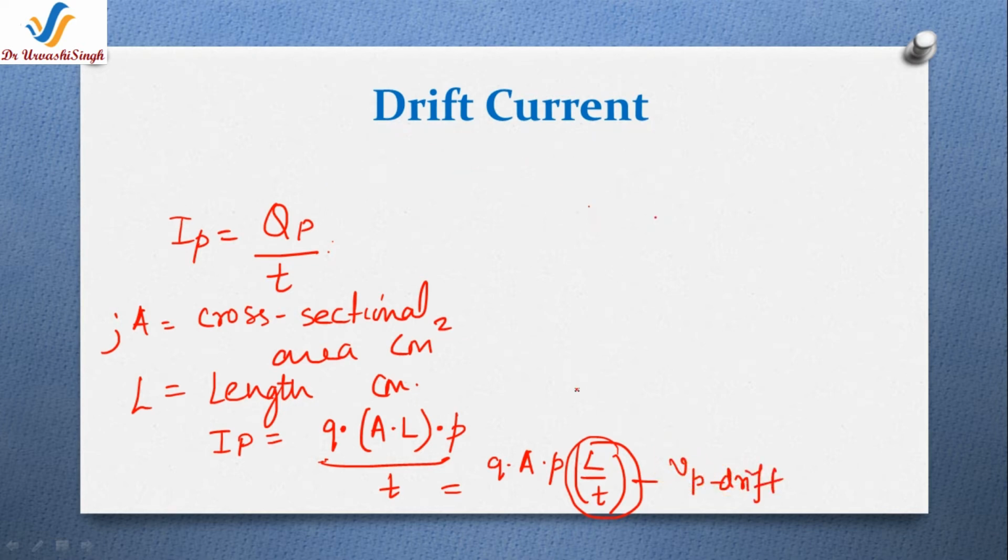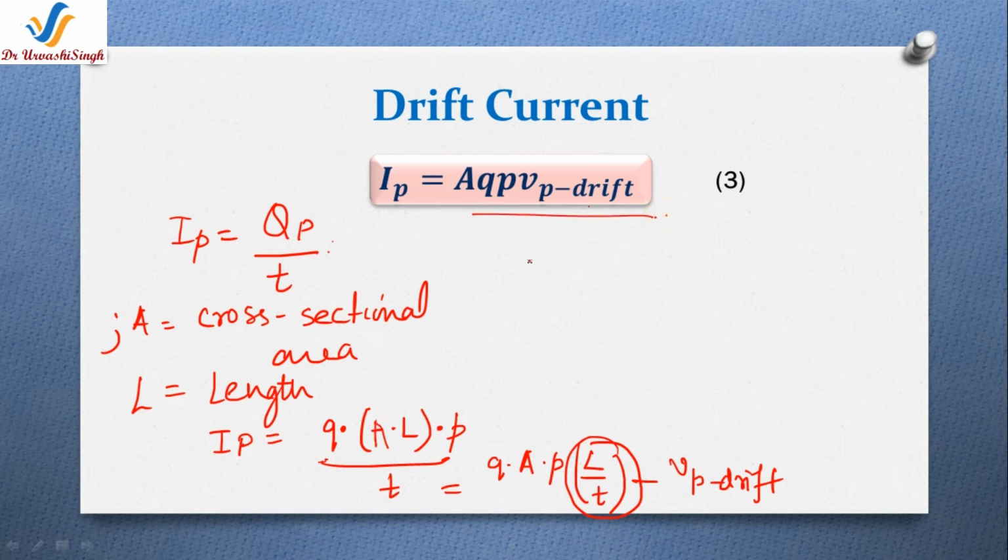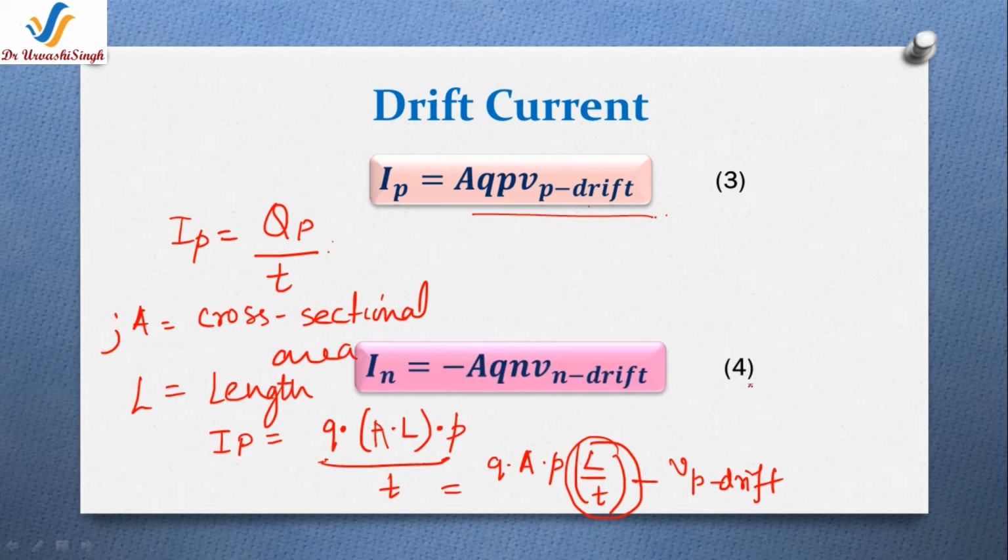So the drift current due to the holes movement is given by equation 3. And in the same way, students, you can derive the current contribution by the electrons movement, and it is given by equation 4.